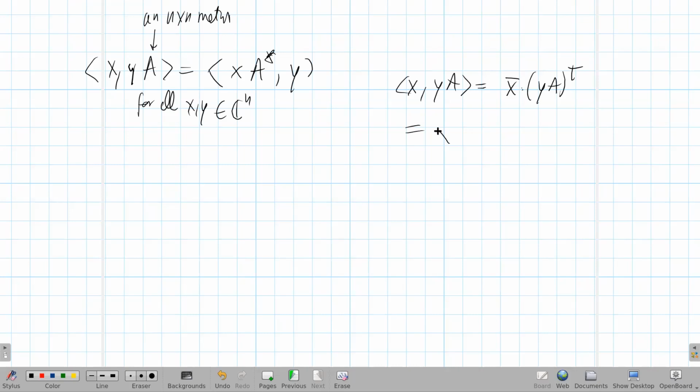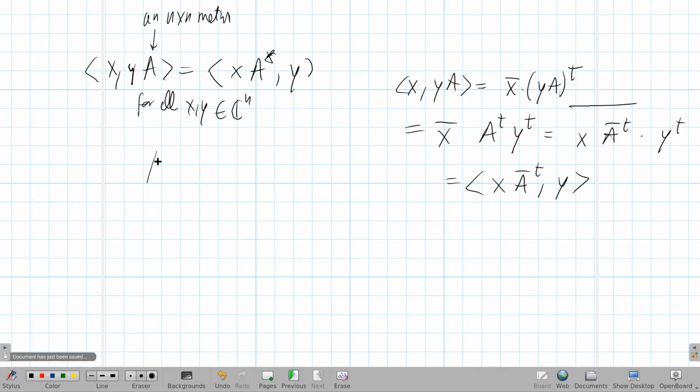But this means X conjugate, and the transpose, as you know, reverses the order of products. And you can write it like this, with a big conjugate. So if you take the transpose away inside, you will have to conjugate it. And what's this? This is exactly X A transpose Y, the scalar product, because it's the scalar product of the conjugate of this vector times the transpose of this.